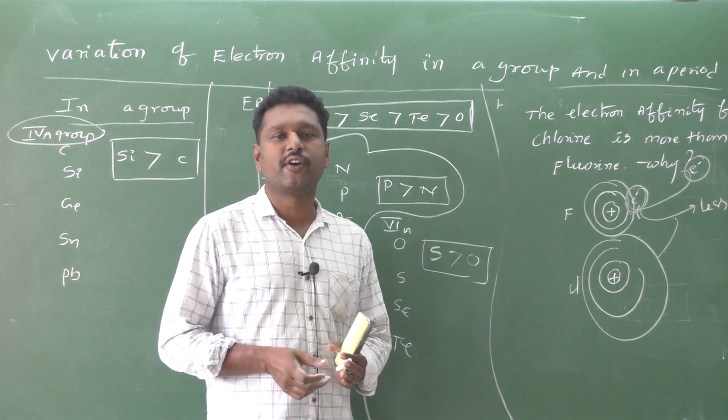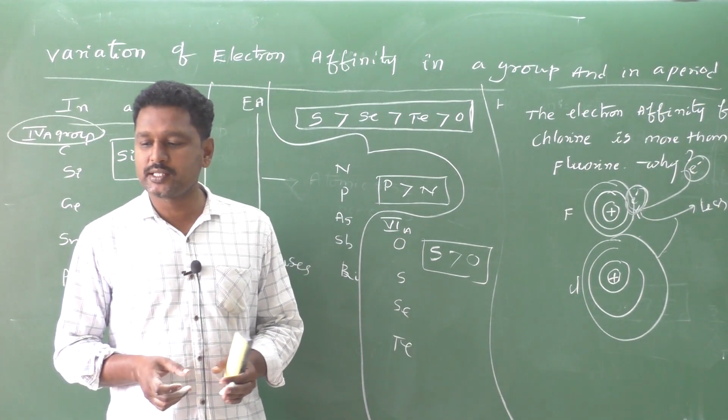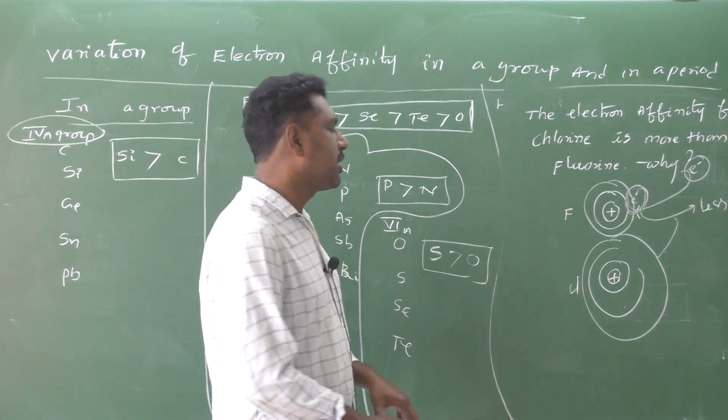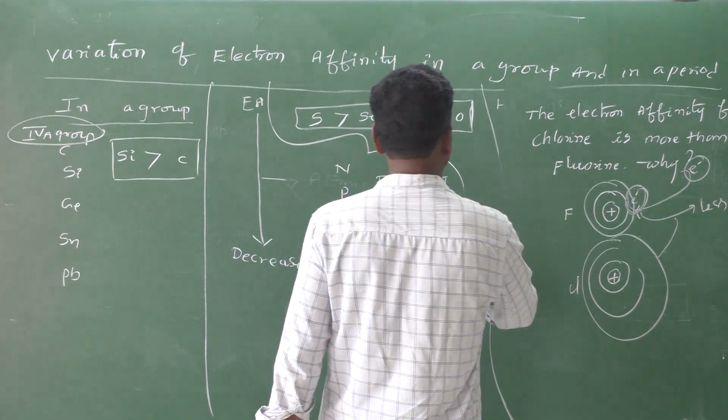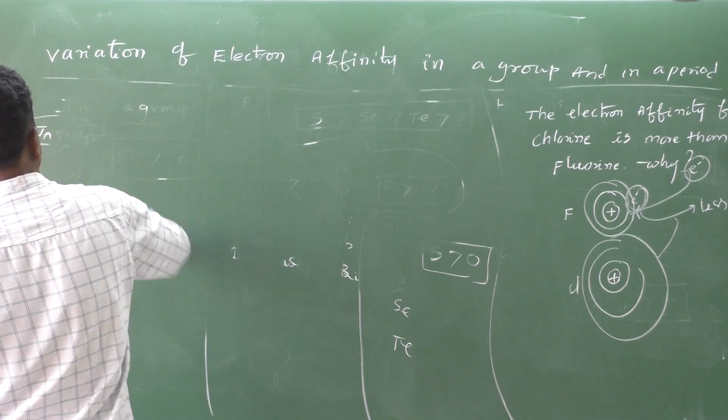In chlorine, the atomic size is larger and the repulsions are much less compared to fluorine. So in fluorine, the released energy is less because of smaller size and strong inter-electronic repulsions.